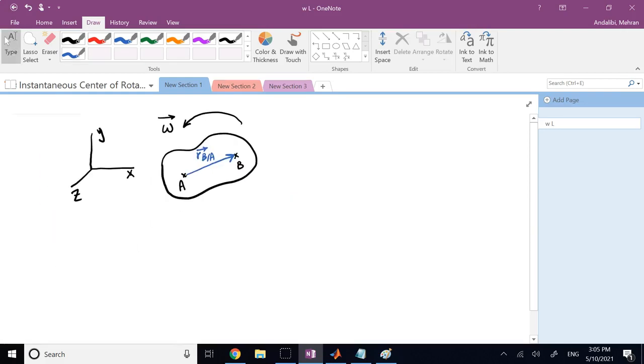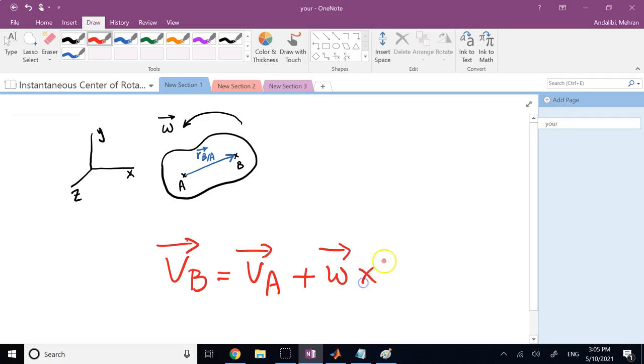And then you can say that V of B equals V of A plus omega of the rigid body cross R of B with respect to A, okay? So this is called the relative velocity formula.